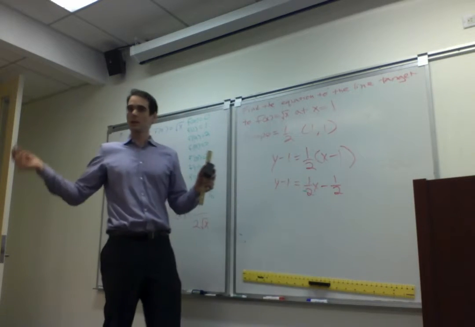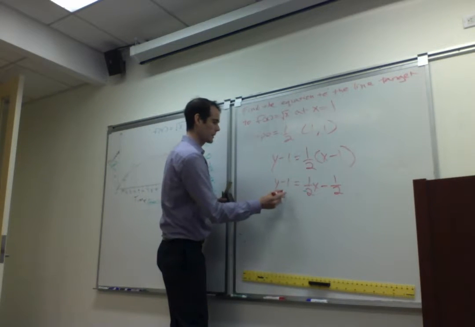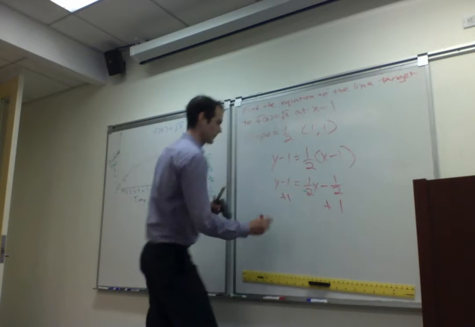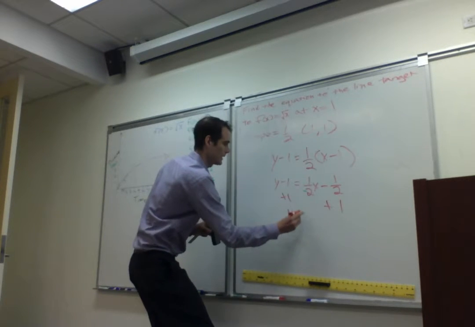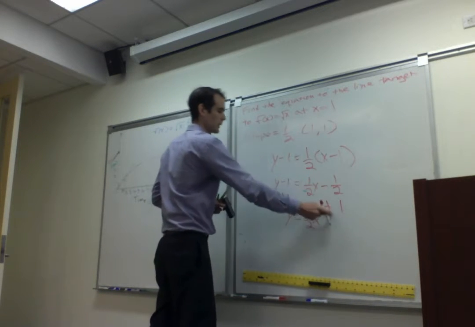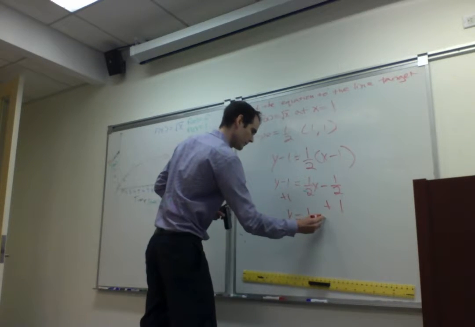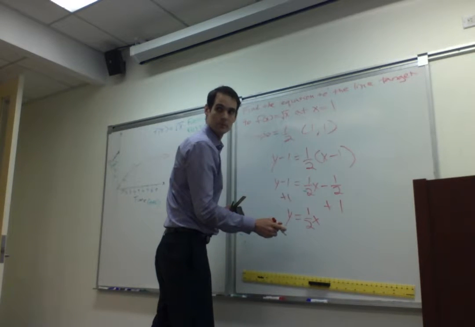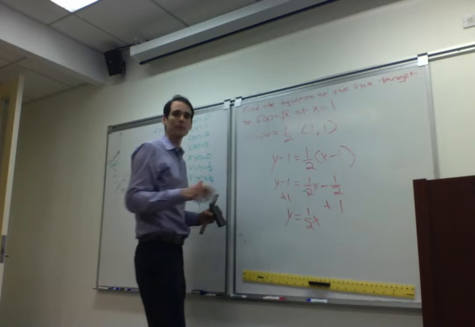So let's add 1 to both sides, so we get y by itself. Add 1. We get y by itself on this side equals 1/2 x, which stays the same. What's -1/2 plus 1?